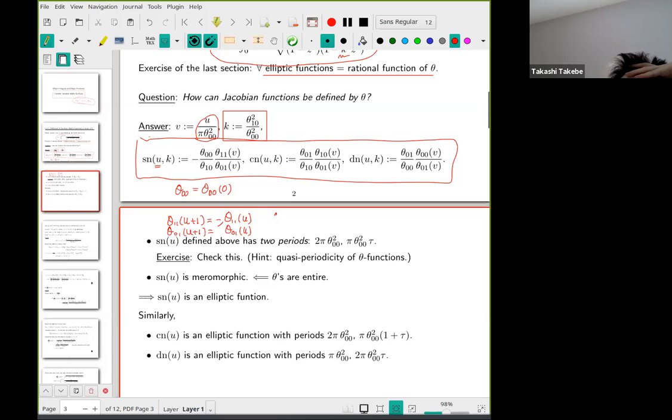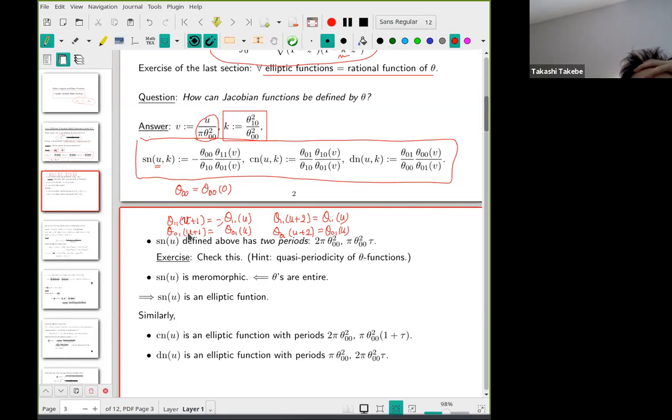But if you shift v by 2, then the numerator and the denominator return to their original value.